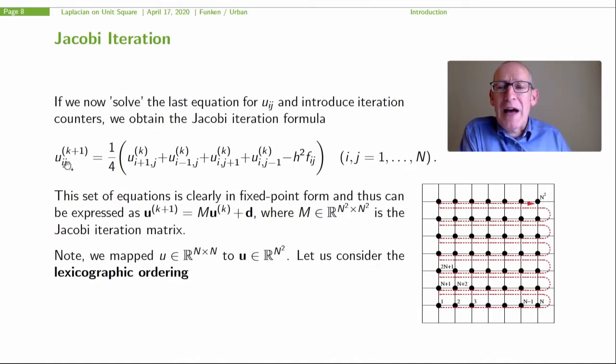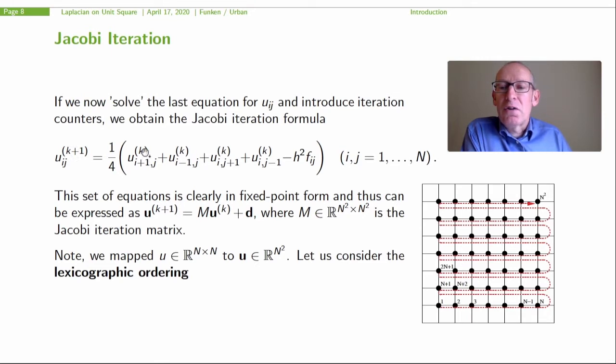So we want to update our u_ij; everything we know already, the information from the neighboring nodes and the volume force, is on the right hand side. This should be a plus sign, divided by the factor in front of the pivot element, that is 1/4, and we have the iteration index k+1 for the new data and k for the old data.